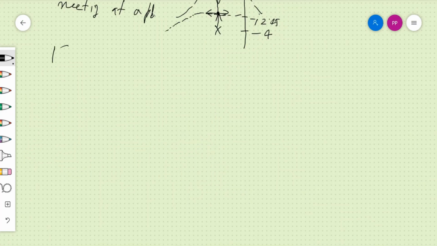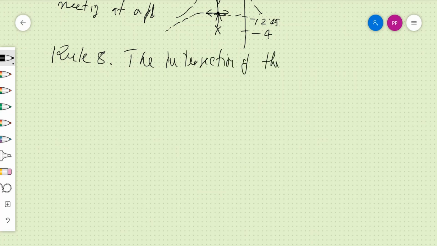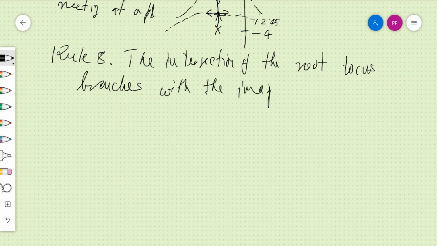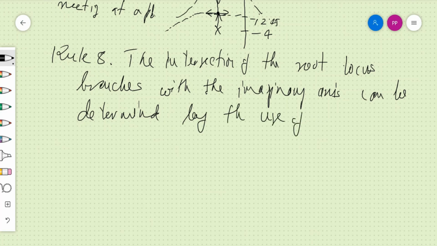So we write our rule 8, which will give the intersection of the root locus branches with the imaginary axis, and it can be determined by the use of the Routh criteria.